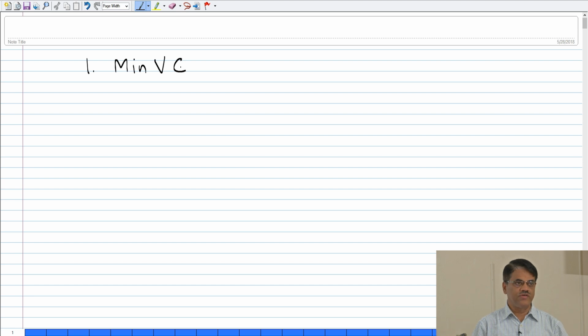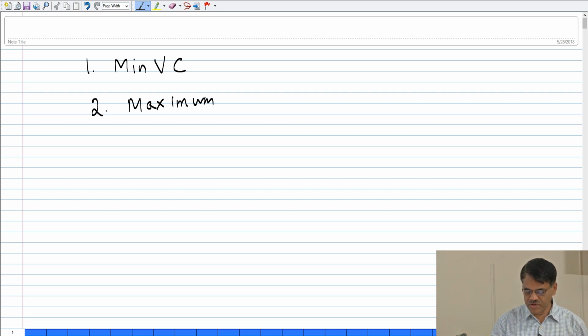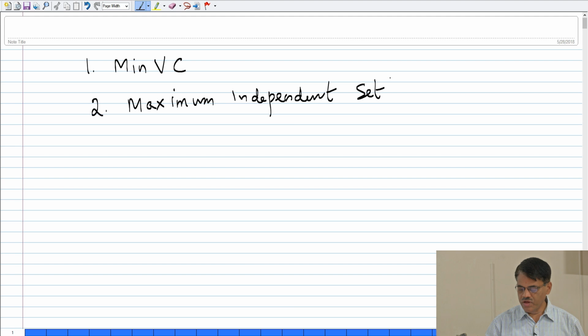But in general graphs, I said that we do not have a polynomial time algorithm yet. Let us talk about this problem, maximum independent set. What is an independent set in a graph? An independent set is a set of vertices in which no pair of them is adjacent.